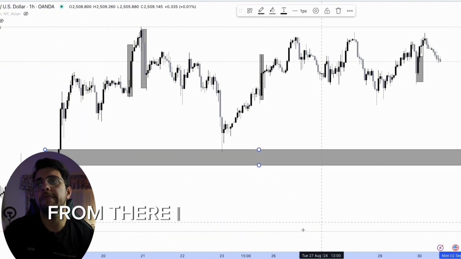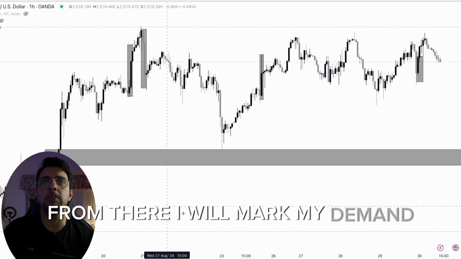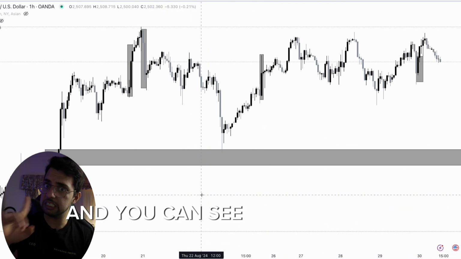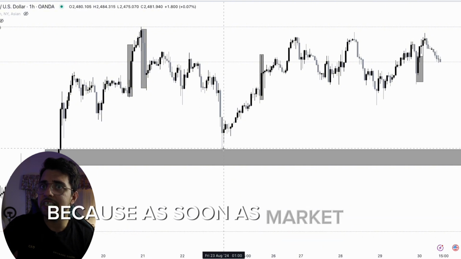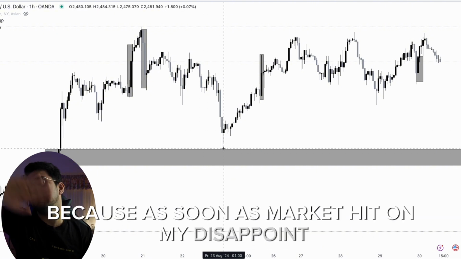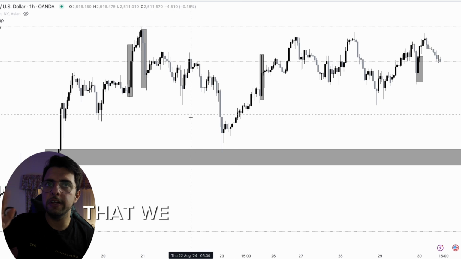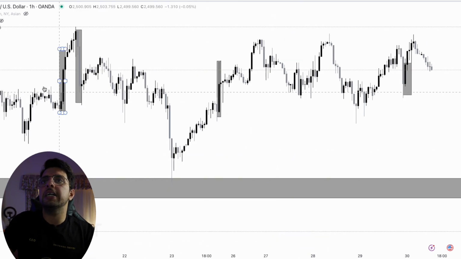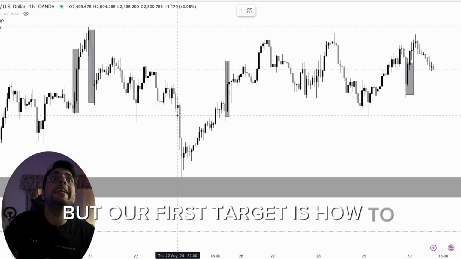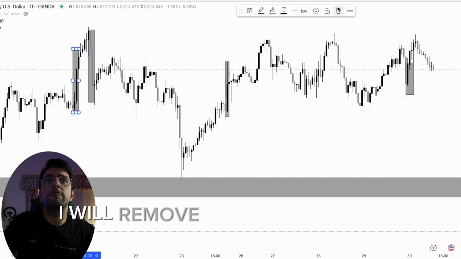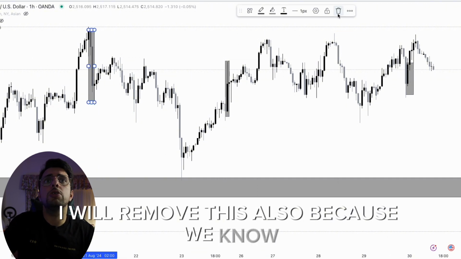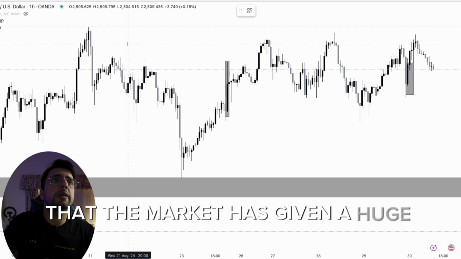From there I will mark my demand zone, and you can see it's a valid demand zone, because as soon as the market hit this point, the market went away. That we will be learning in upcoming classes, but our first target is how to identify these supply and demand zones.